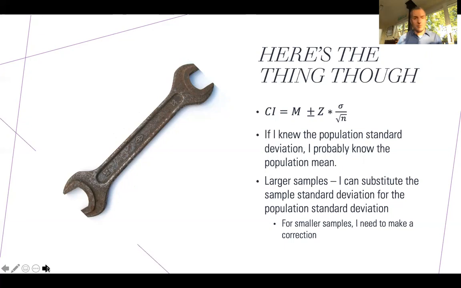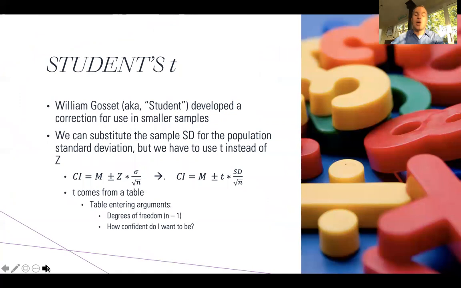For smaller samples though, which is a lot of times where we work, I have to make a correction. There was this guy named, well, his name was William Gossett, but he published under the name of Student. And he created this idea of, instead of the Z distribution, maybe we should have a T distribution, right?